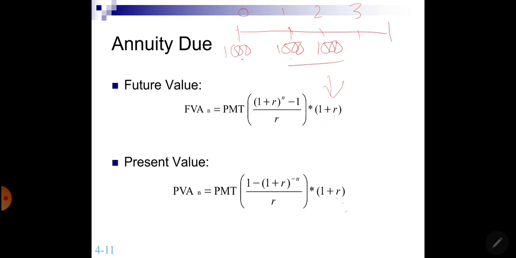So your cash flow shifts this way. Because of that, each and every cash flow gets 1 interest period extra. That's why you multiply both of them by 1 plus R.